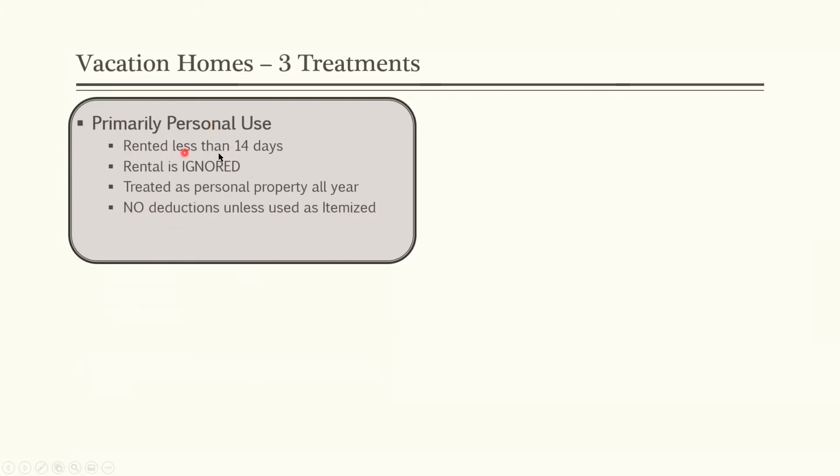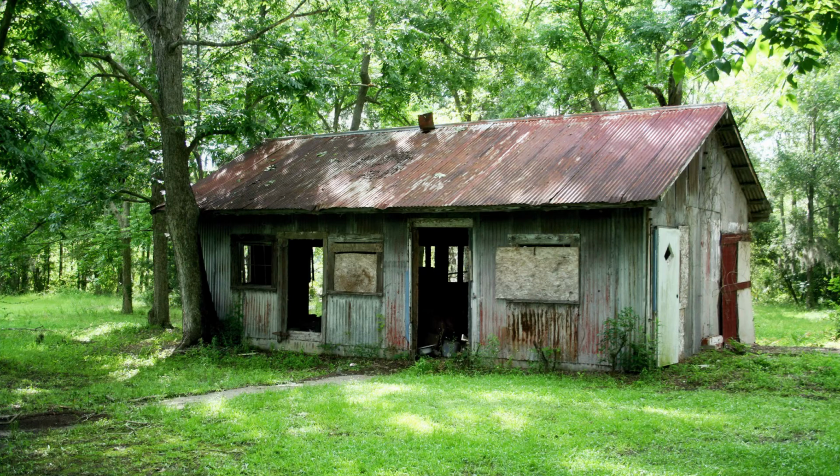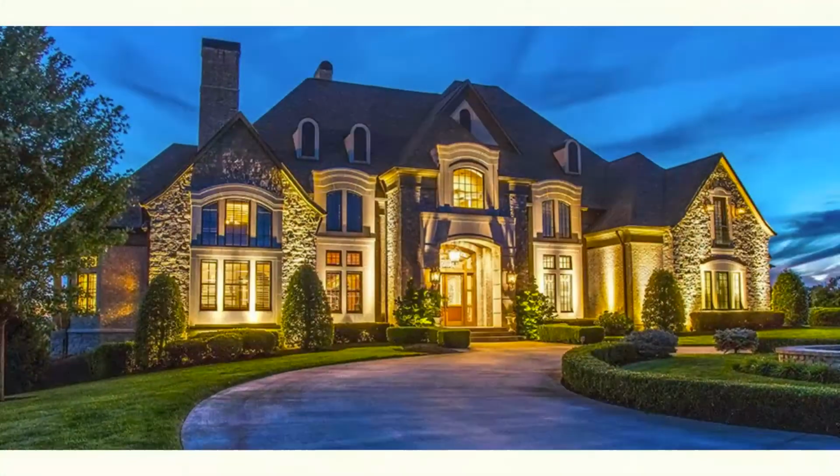Now remember, the key thing here is it's rented less than 14 days. This is how the extreme home makeover people work. You ever watch those shows where they come in and take somebody's one-room shack, gut it, and make it into a 27-bedroom mansion, and they're always fighting that deadline? That's this.